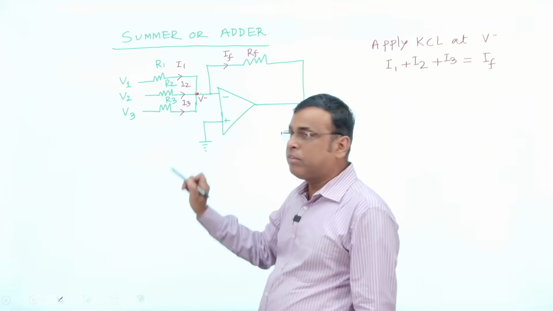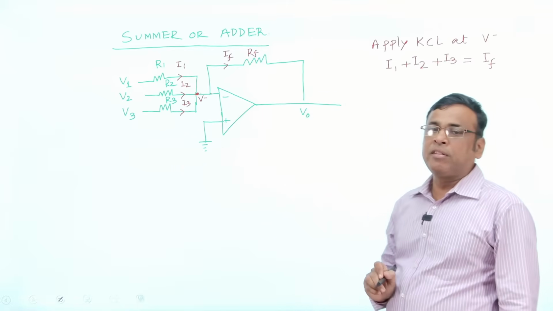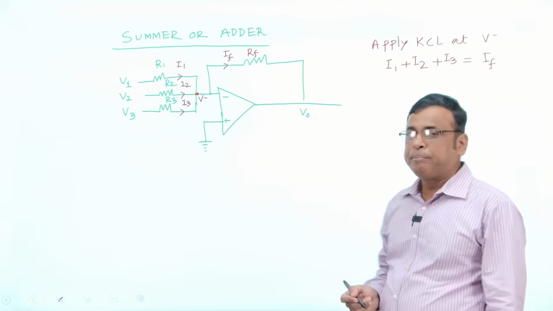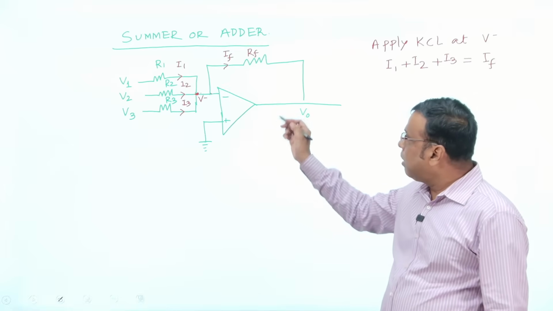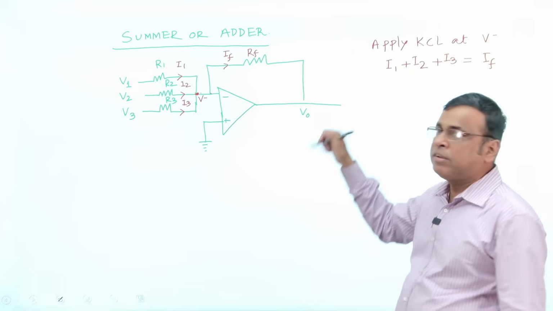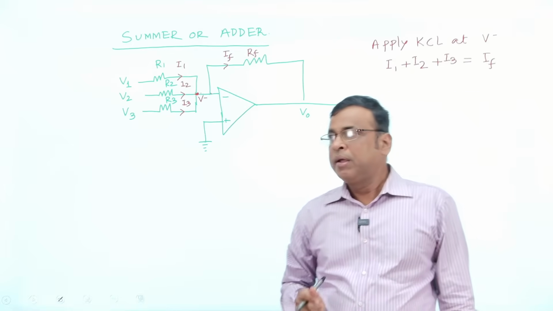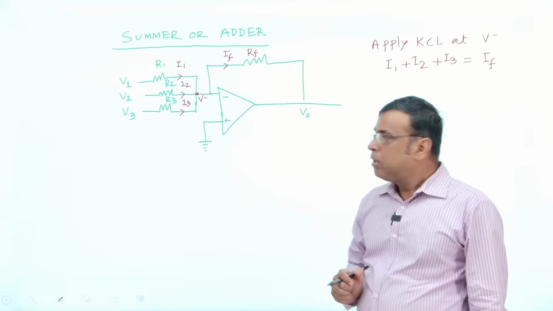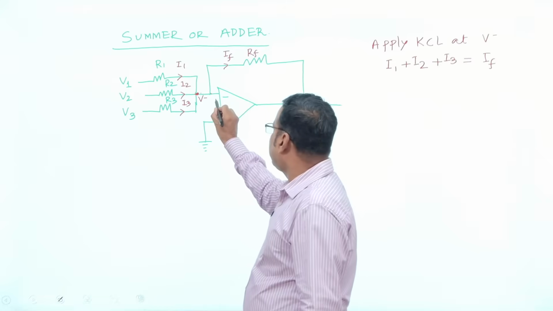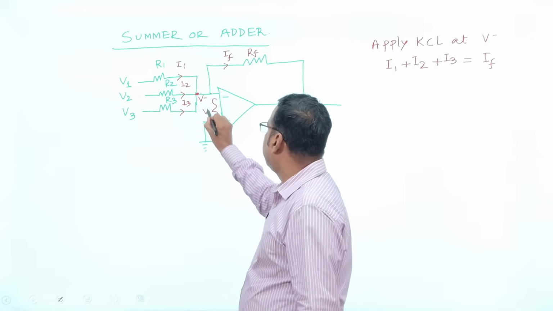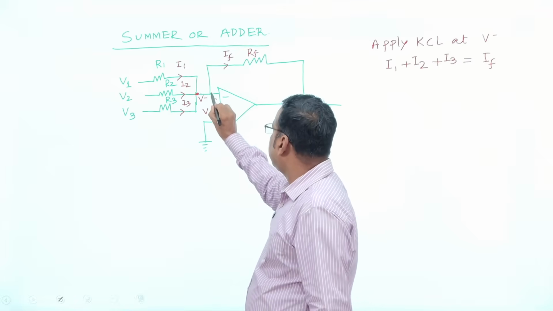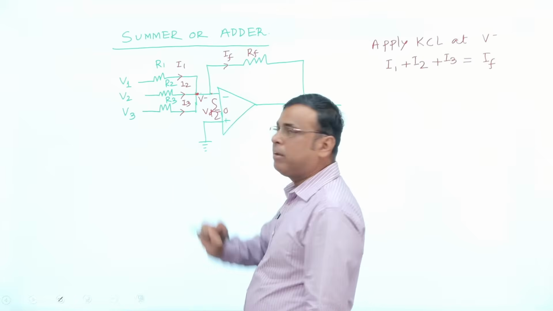Due to the virtual ground concept, in an ideal operational amplifier the gain is infinite and the output impedance is 0. The practical op-amp gain is very, very high, but all our assumptions are for the ideal one. So the difference voltage VD equals 0 volt, and the potential at V minus is 0 volt.